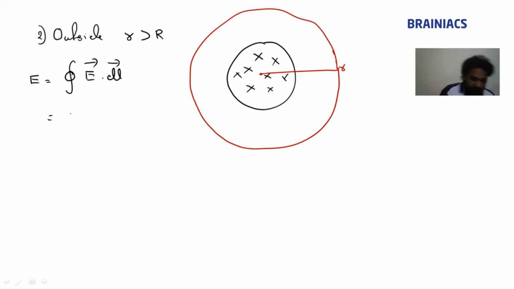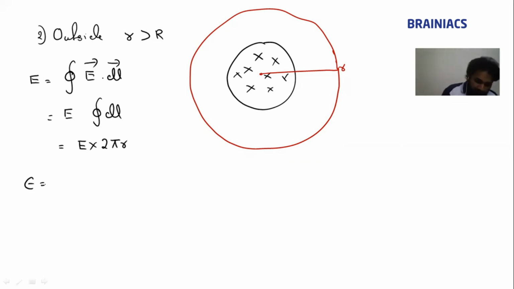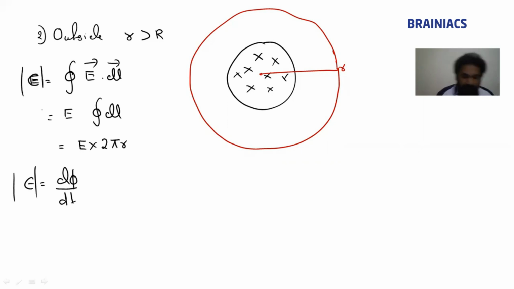So if we consider E outside, line integral of dl if we take, then E into what? 2 pi r, just like the previous case. Now another formula is what? E is equal to d phi by dt.